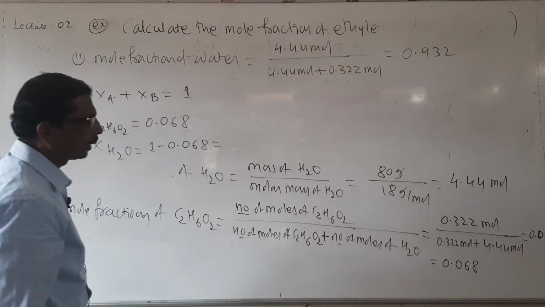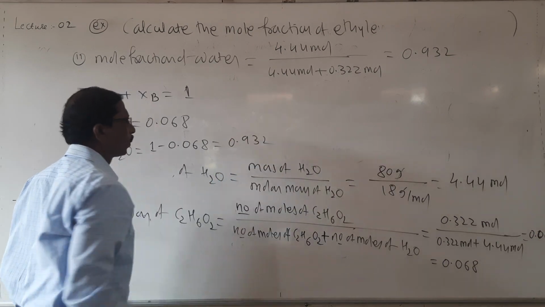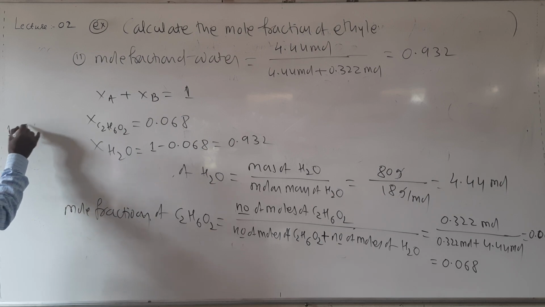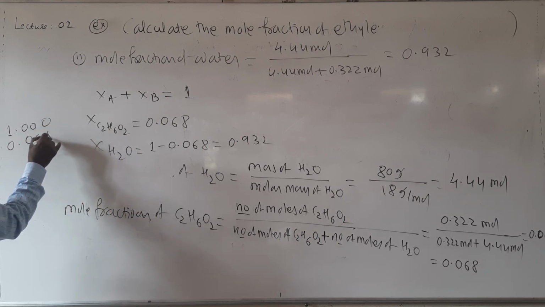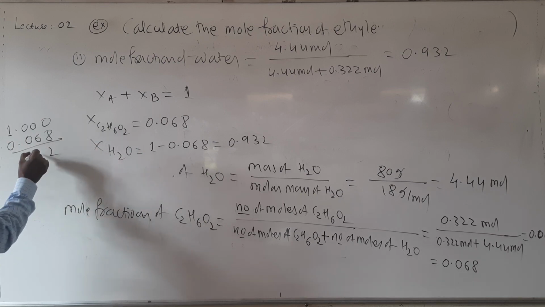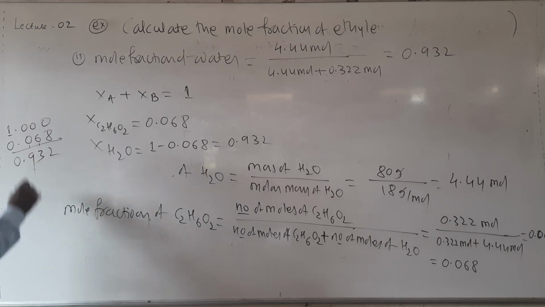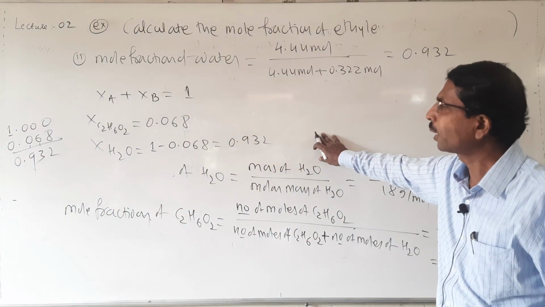So you will again get this value, 0.932. Look here students, it is the method here. So it is 1.000 minus 0.068, which gives 0.932. So you may solve the problem like this also.